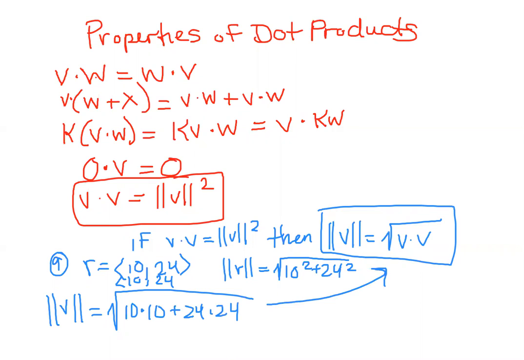Look, it's the same formula. So the actual magnitude formula and the dot product formula are the same thing. So in this case, when you do this, you're going to get the square root of 676, which equals 26.